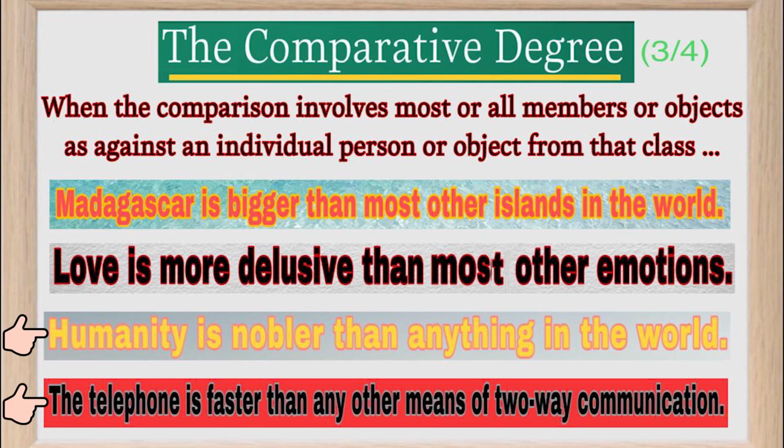Consider the last two of the examples that are displayed on the screen. The nouns humanity and the telephone respectively possess the qualities of nobility and being fast in a greater degree than all other objects of their kind.